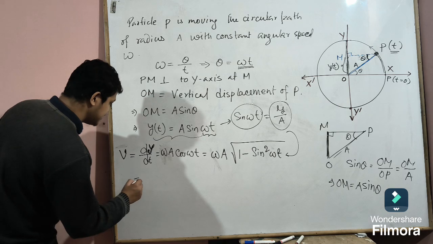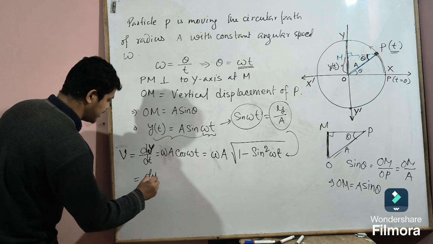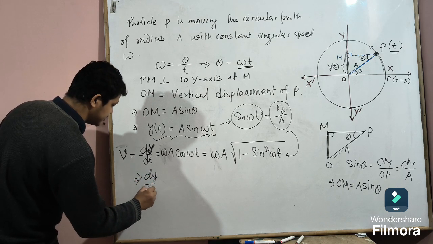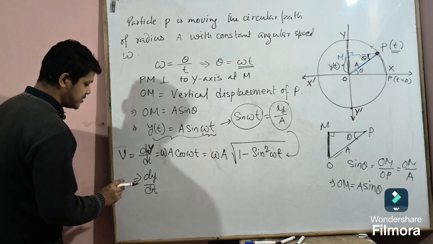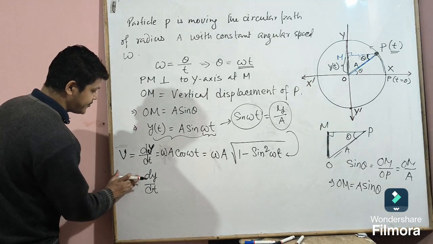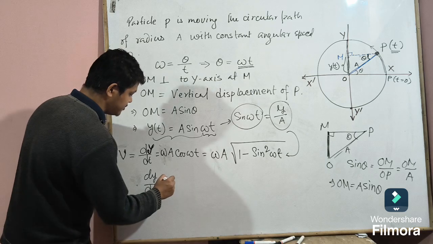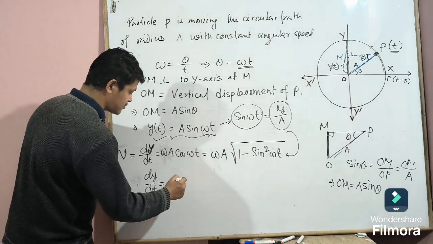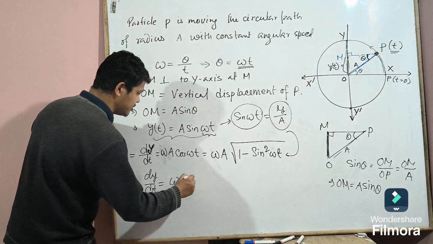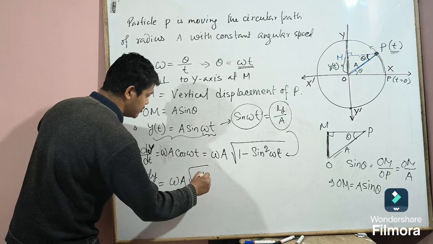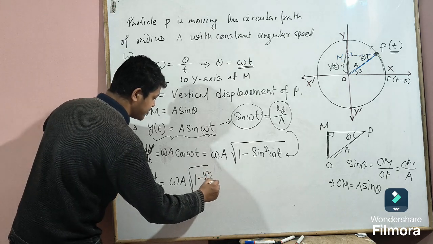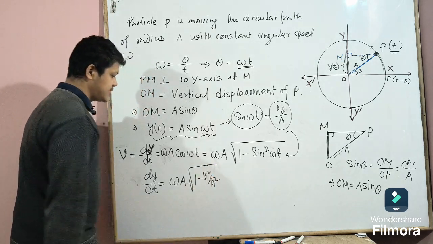Then you will get dy by dt, which is velocity, equal to omega A root over 1 minus y square by A square. That's what you will have, right?